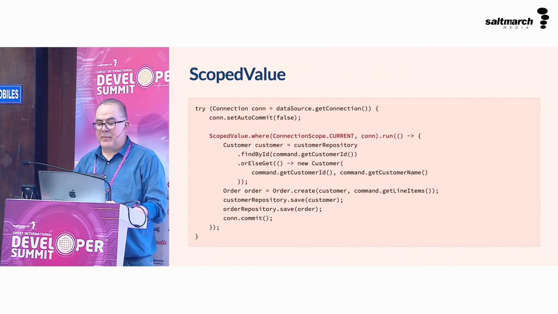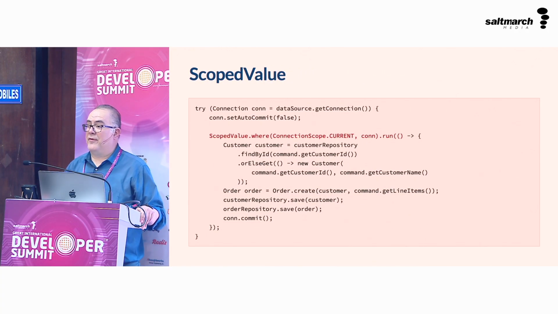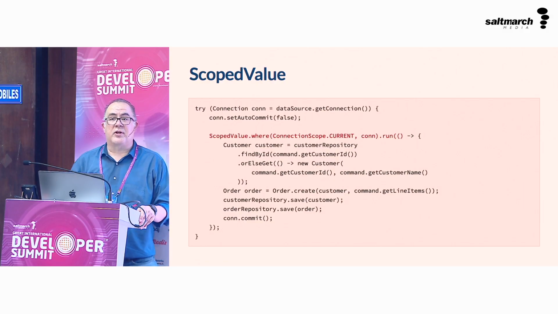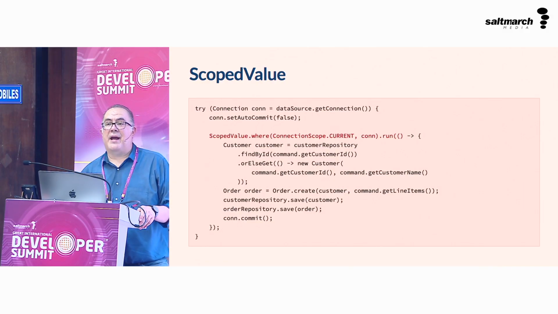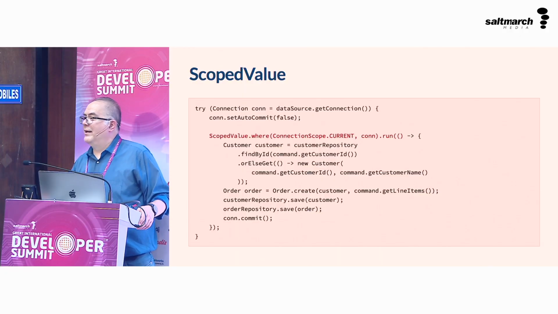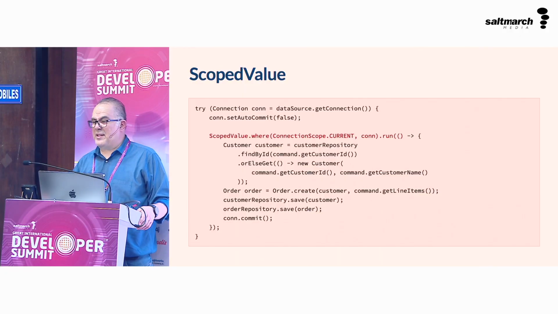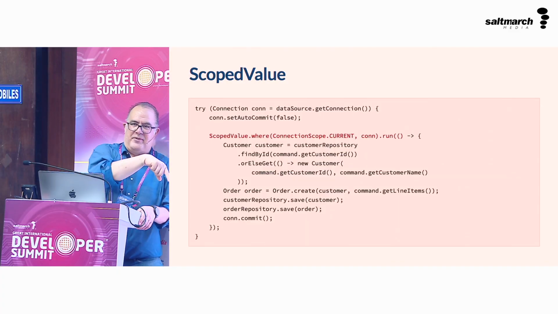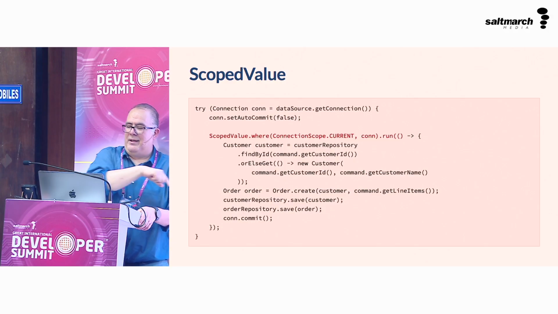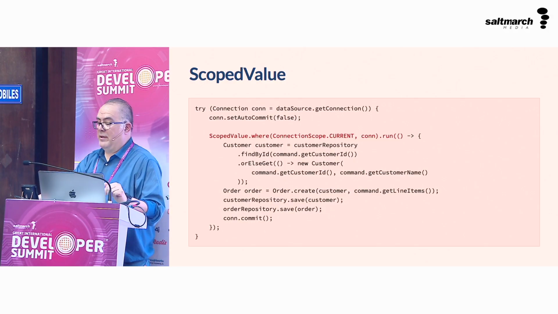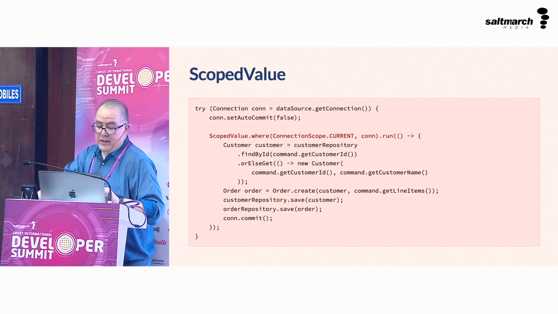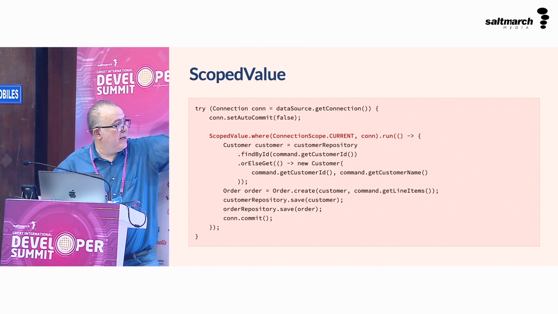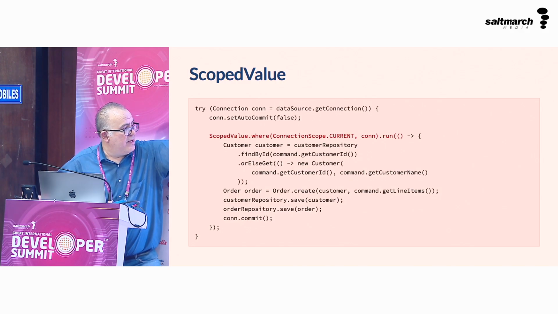This one I was just thinking of very recently. Have any of you used scoped value yet? This is the inheritor to thread local. One of the things I don't want to do is carry a connection through a function parameter, to a function parameter, and so on, all the way down. With scoped value, you get to map that connection, and you don't have to give customer repository that connection.